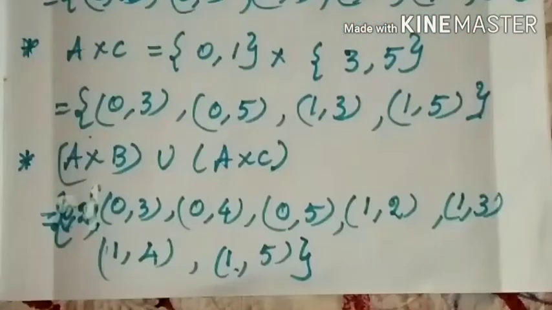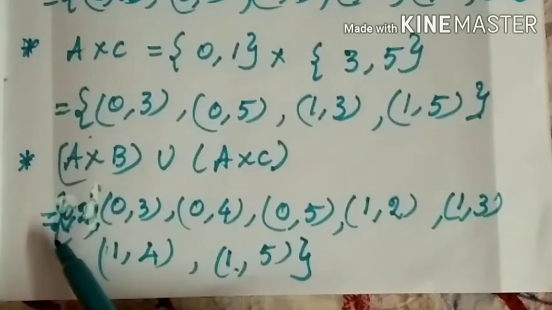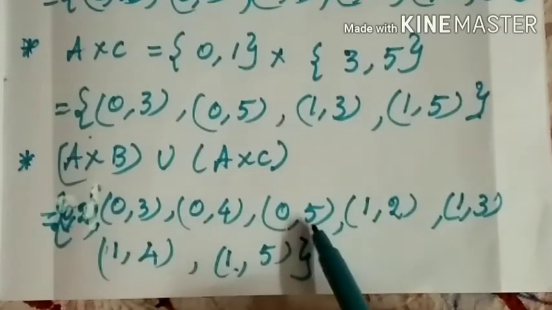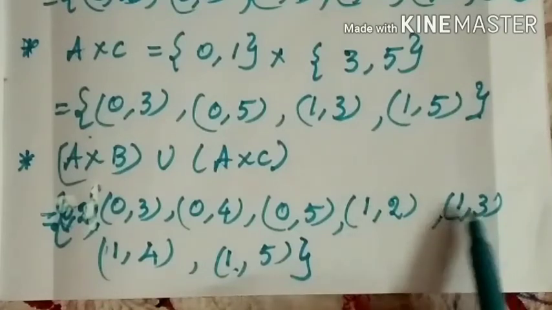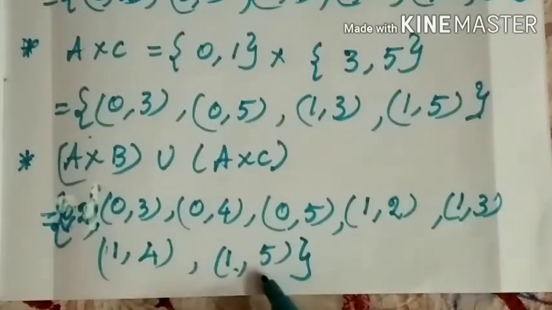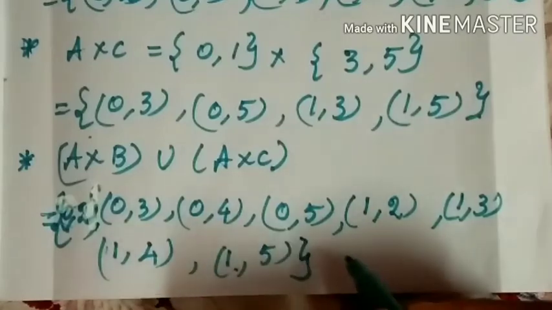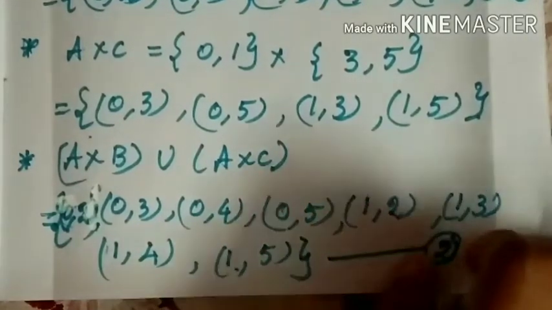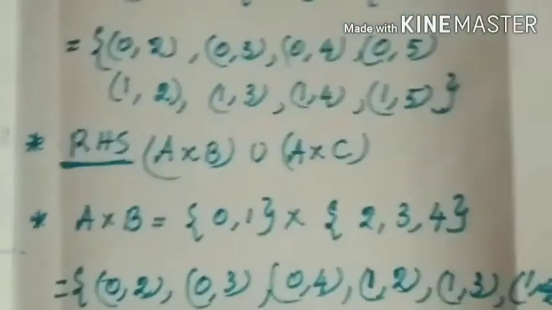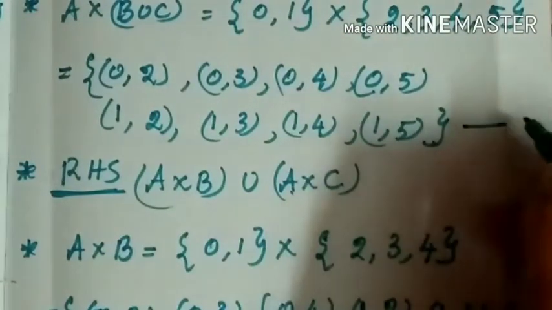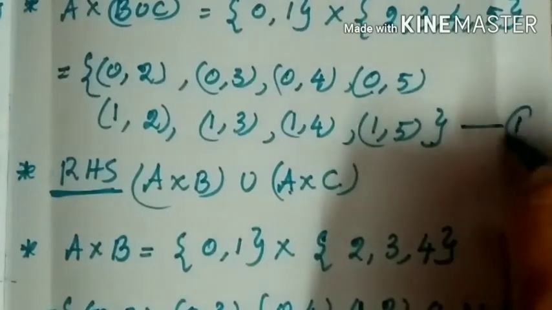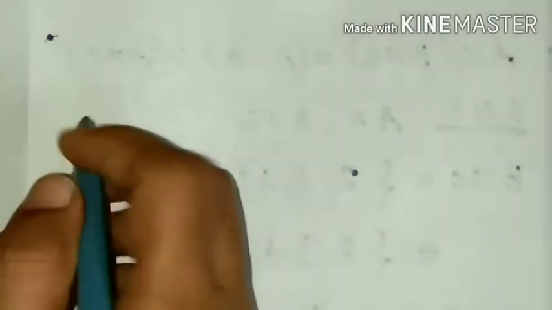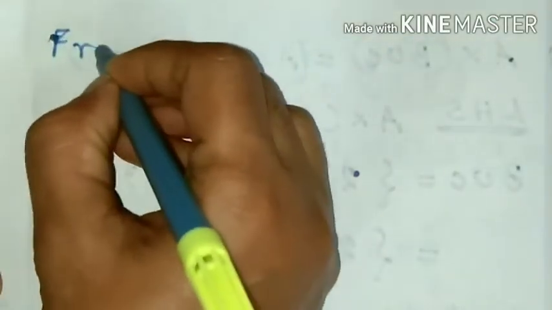So first you write (0, 2), (0, 3), (0, 4), (0, 5), (1, 2), (1, 3), (1, 4) and (1, 5). So this is the RHS answer. You take this as 1. The left hand side answer you take as 2.